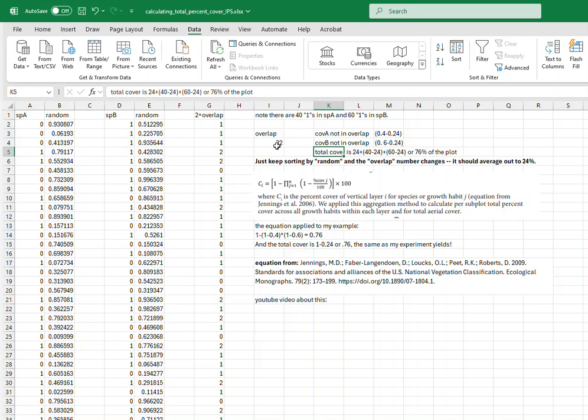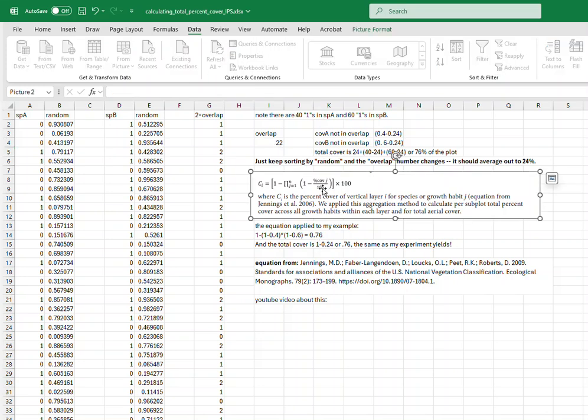The point is, this equation can be used to estimate the total percent cover of invasive species on a plot, given the way that we have overlap and we don't measure the total footprint of all invasive species, including the overlap. We've basically just demonstrated that this equation works through a simple simulation, so we understand exactly what's going on with this equation now.